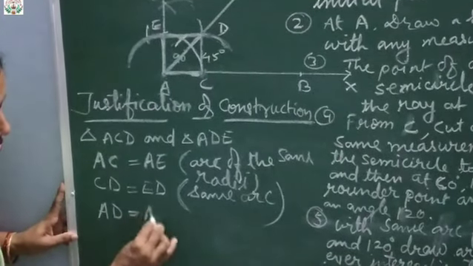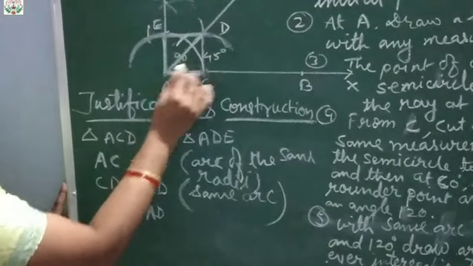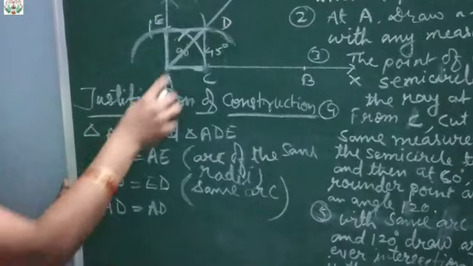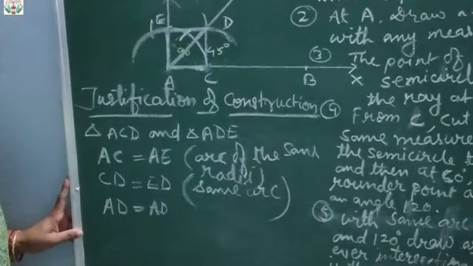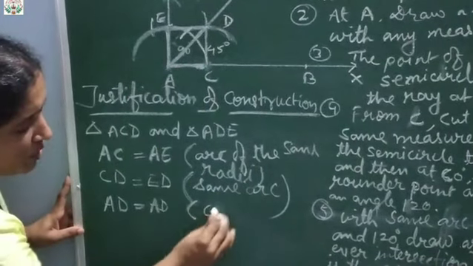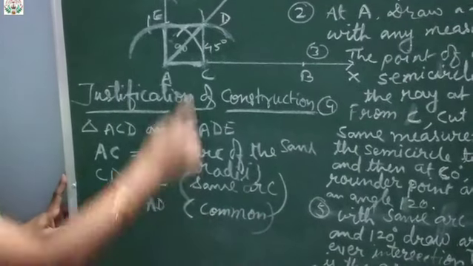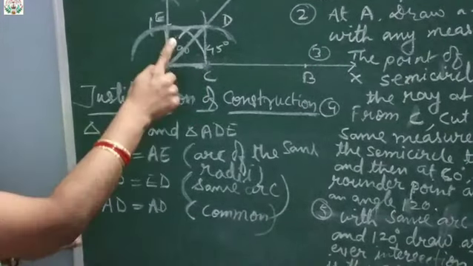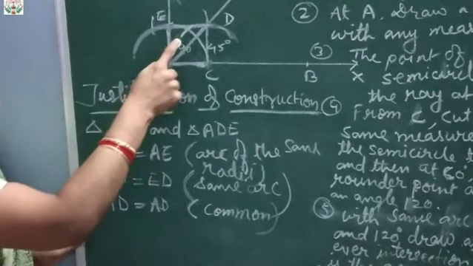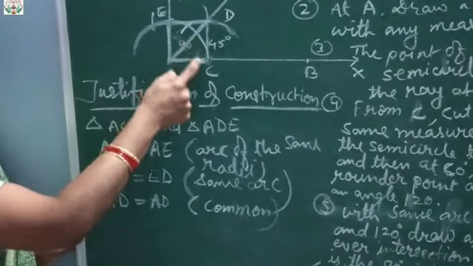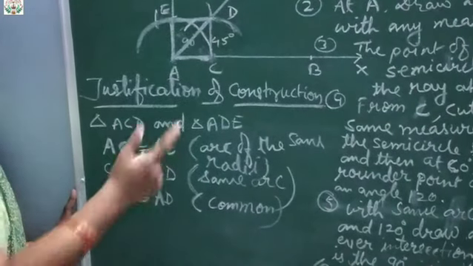AD equals AD. For this triangle also AD is there, and for this triangle also AD is there. That means AD is common for both the triangles. Right? That means if the three sides of one triangle are equal to the three sides of another triangle, they are equal triangles.